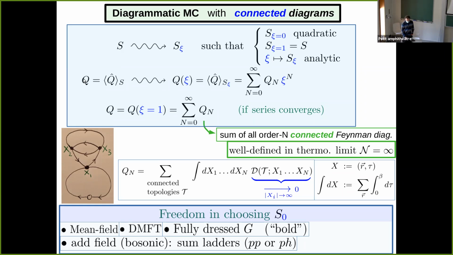Then to compute some physical quantity Q, which a priori is some expectation value taken with the physical action S, you first replace S with S psi so that your quantity Q now is a function of psi, which you can then expand in powers of psi. And to get the physical result, because of this condition, we should set psi to 1, which in the simplest case, where the series converges, just means that we should sum up these Taylor coefficients Qn.